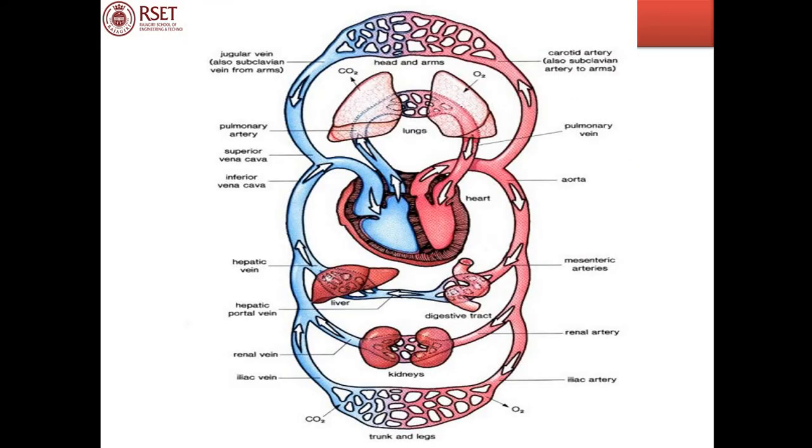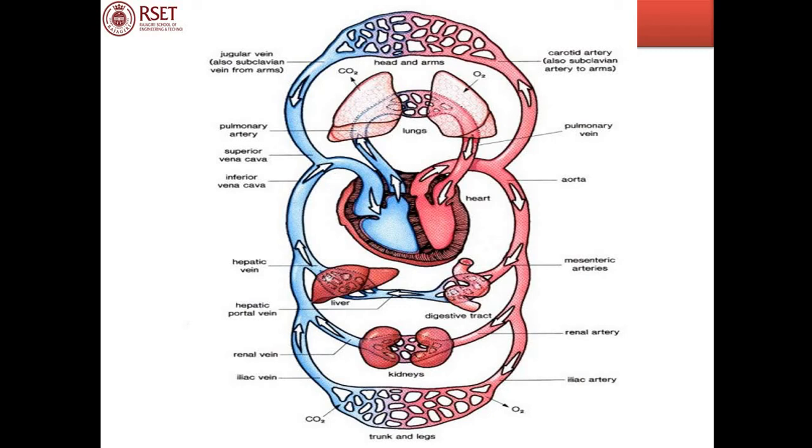Now, this picture shows the entire circulation of the blood from the heart to the different parts of the body for metabolic activities, whereby the blood carries the oxygen.